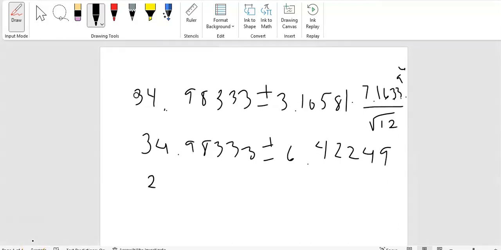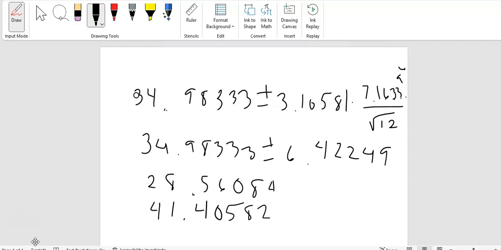And that gives me 28.56084. I know my points look very small here. And then I'll do the addition. And that gives me 41.40582.